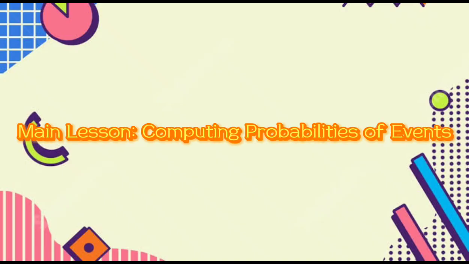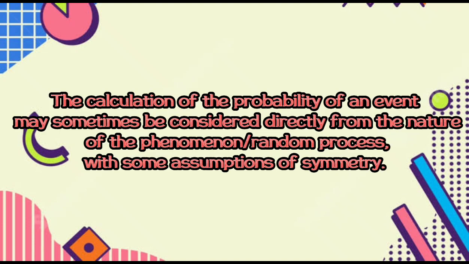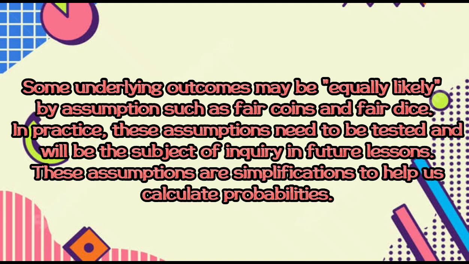Main lesson: computing probabilities of events. The calculation of the probability of an event may sometimes be considered directly from the nature of the phenomenon or random process, with some assumptions of symmetry. Some underlying outcomes may be equally likely by assumptions such as fair coins and fair dice.